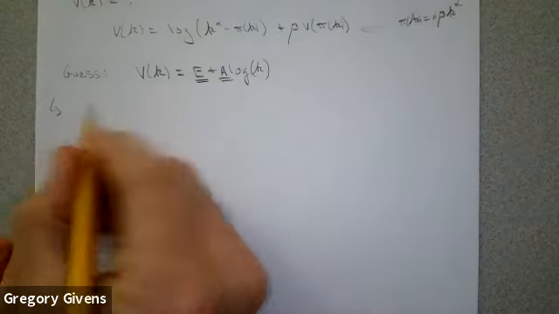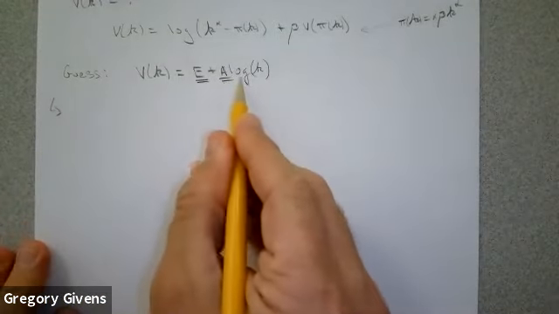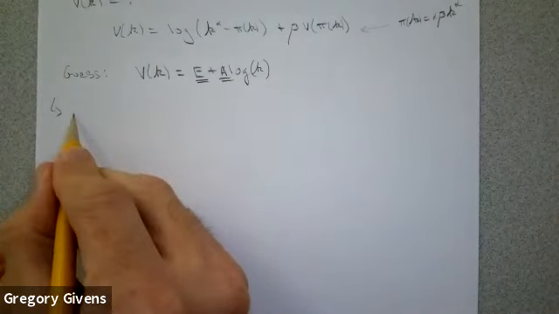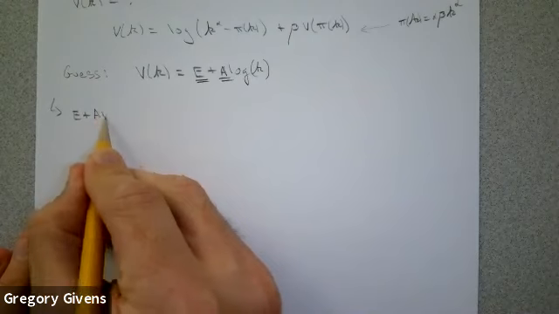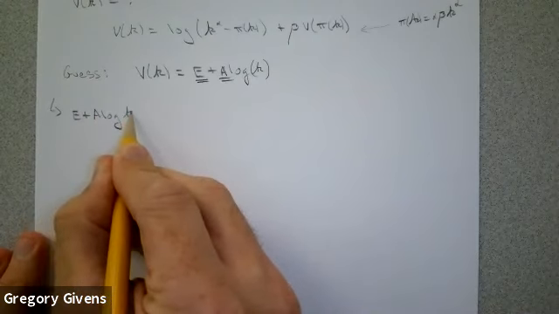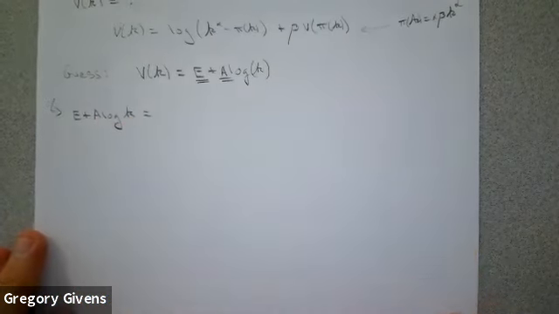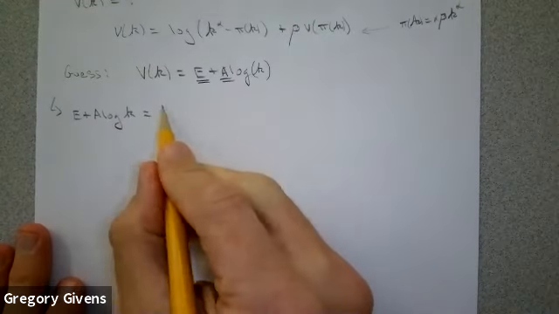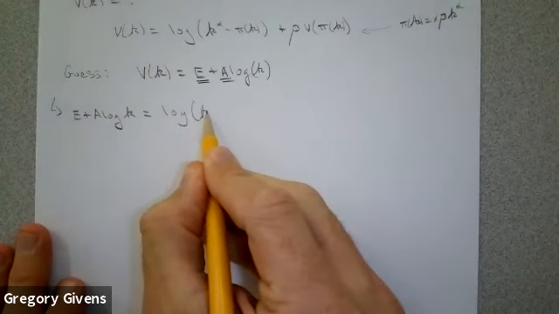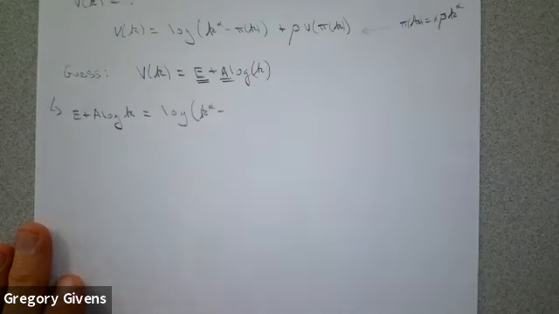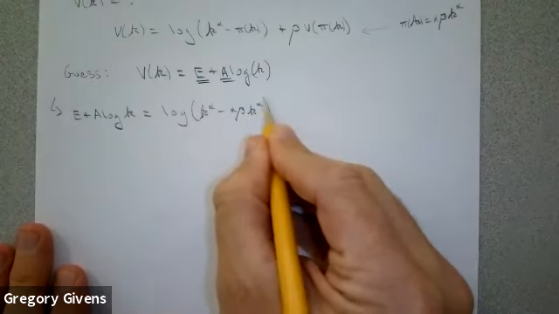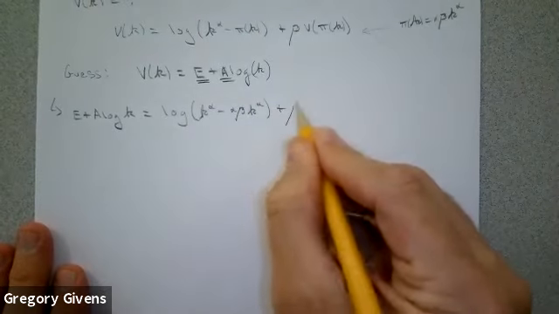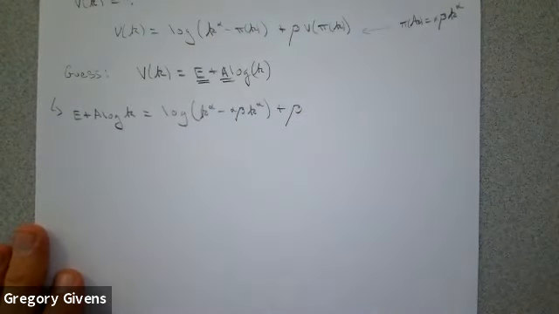All right, if V of k is equal to E plus A log of k, then we can substitute that into the left-hand side of the Bellman equation. What is the right-hand side of the Bellman equation? Well, it's the log of k to the alpha minus pi of k, that's alpha beta k to the alpha, plus beta times V of pi of k.